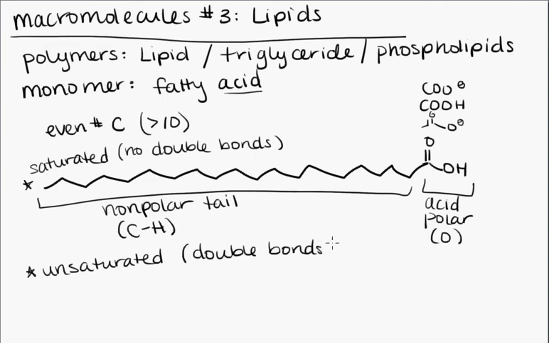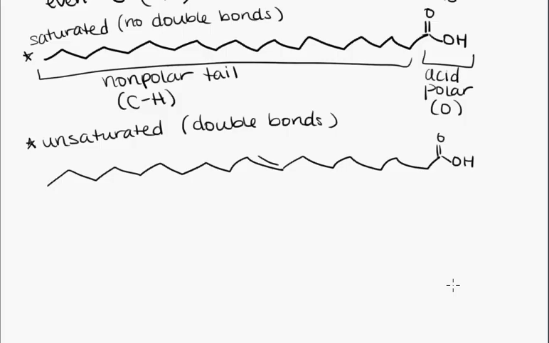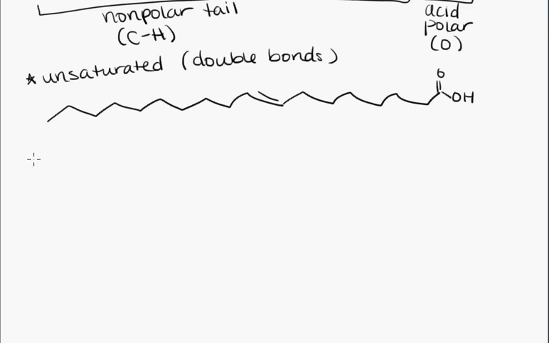So we're going to see some double bonds in here. And there's a couple different ways to draw it. So here's a double bond. So here's an unsaturated fatty acid. And then double bonds in fatty acids can also look like this. And they can occur anywhere in the chain.